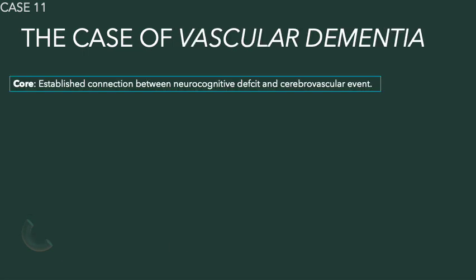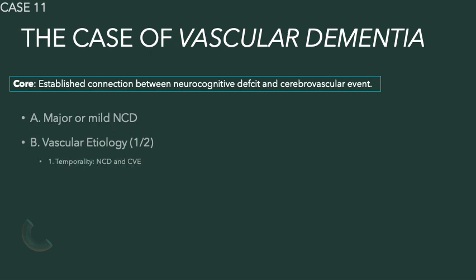So the core feature of vascular dementia is an established connection between neurocognitive deficit and cerebrovascular event. Criteria include the presence of major or mild neurocognitive disorder, evidence of a vascular etiology supported by at least one of the two following. Number one, temporality.